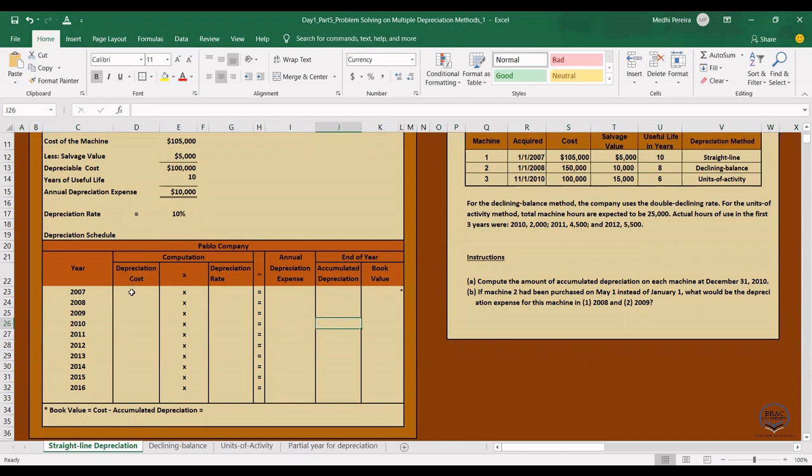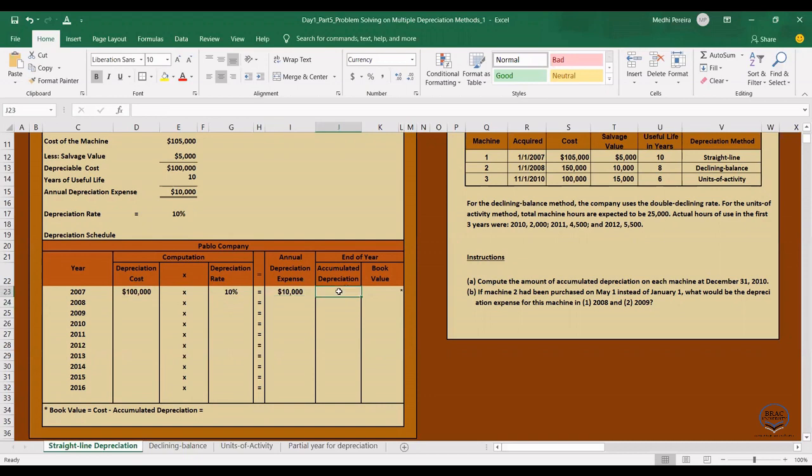So let us start. We have the depreciable cost of $100,000, multiplied by the depreciation rate of 10%, and so we get the annual depreciation expense, and we find that the annual depreciation is $10,000.